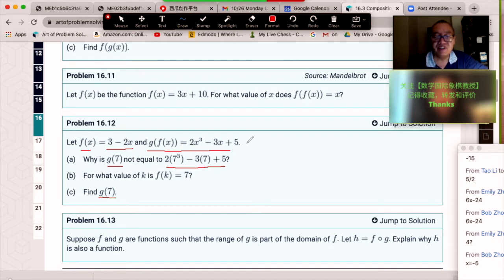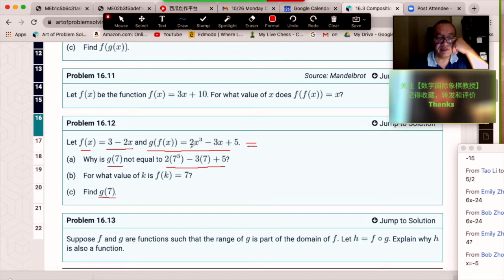To do that, we need to combine some functions here. Now let's see what we can do here. They ask you to find g(7). When x equals 7, you get this value for x.